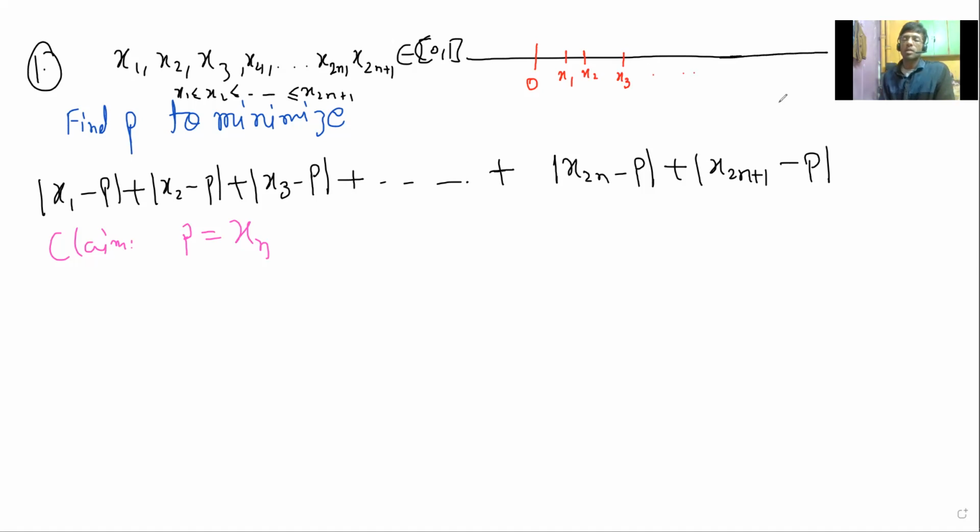Is that the midpoint? Oh yes, right. It's xn plus 1. Yes, the middle one is xn plus 1. So I want someone to say this.